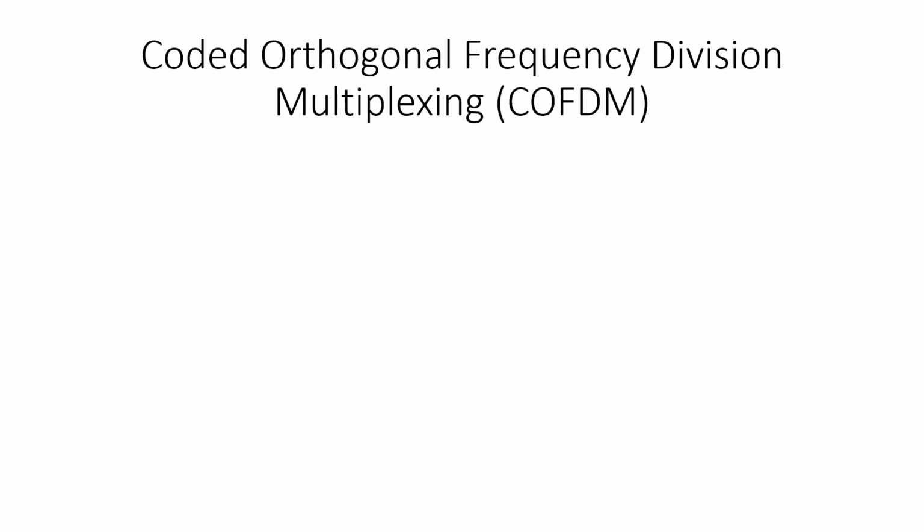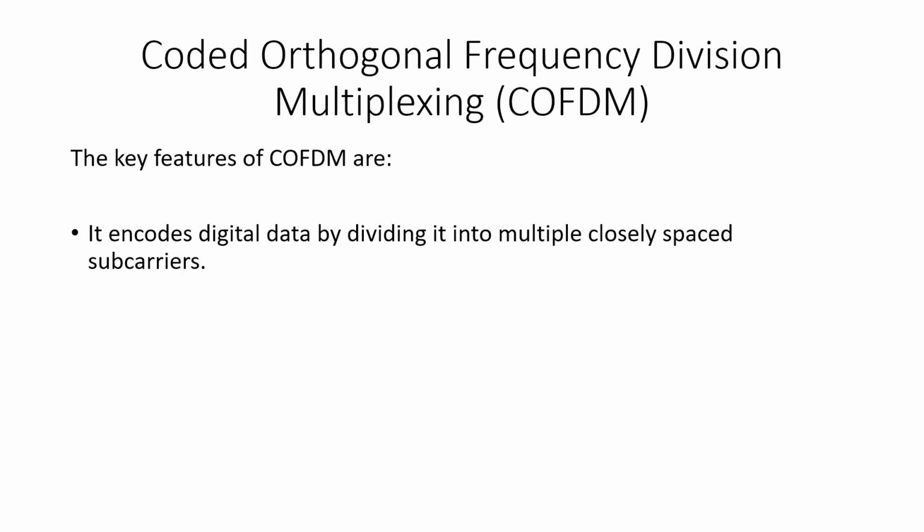It is beyond the scope of this video to describe COFDM in detail, but the important feature of this technique is that it spreads the signal energy spectrum evenly across the bandwidth of the channel, rather than the peaks and the concentrations that occur in an analog TV signal. This results in a considerable saving in transmitter power. The key features of COFDM are: it encodes digital data by dividing it into multiple closely spaced subcarriers.